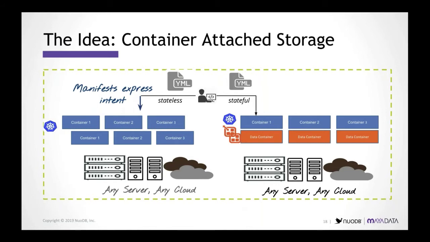Stateless apps can run on any server, any cloud, because you can easily spin up a new instance wherever you want. But in a traditional way, if you deploy an application that requires state, such as a cloud native database, you will quickly realize that if you rely on one vendor's storage API, you can't really say that you are completely cloud native, because data has gravity, and you cannot leave your data behind and then move the application. So you need to abstract the storage, and that's where CAS comes into play.